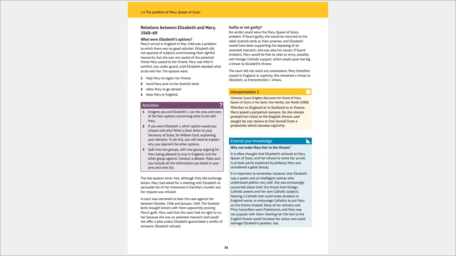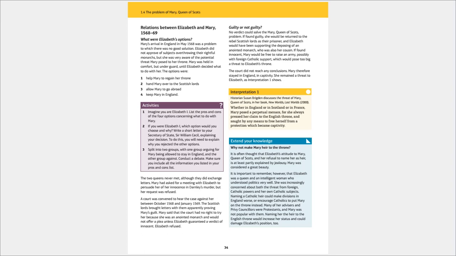And this brings us right back to the first lesson, this sense of the divine right of monarchs. Elizabeth feels that she has the divine right to rule, and Mary, as an anointed queen, has the God-given right to rule as well. And who is Elizabeth to take that away from her?